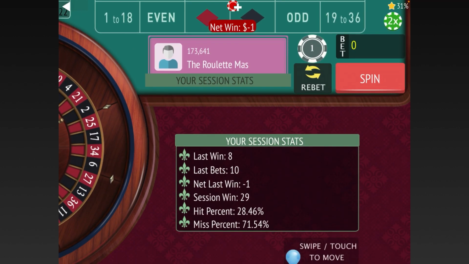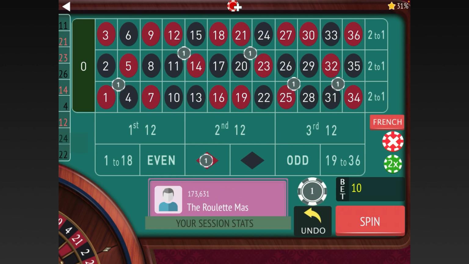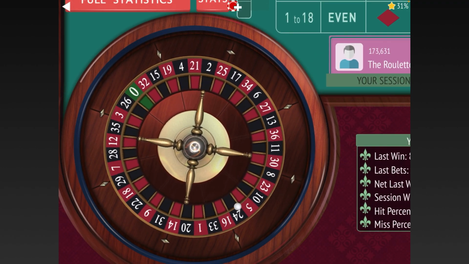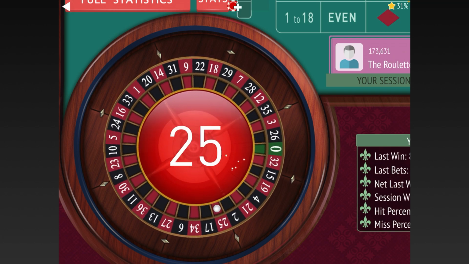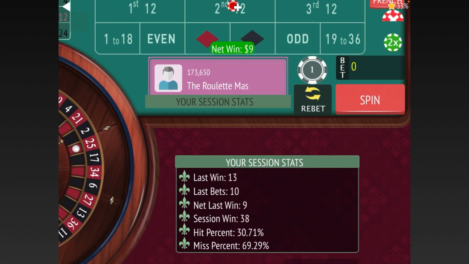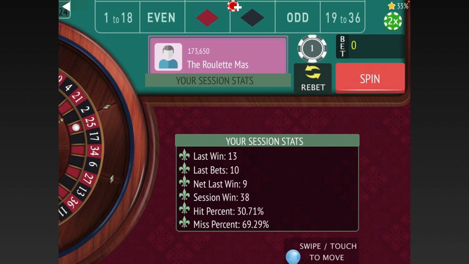Okay, partial loss, so we just rebet. Okay, we won $9 there. So when we get a win, now we're up 38. So that was just a normal $10 bet.